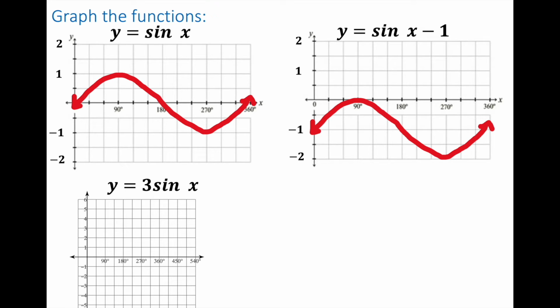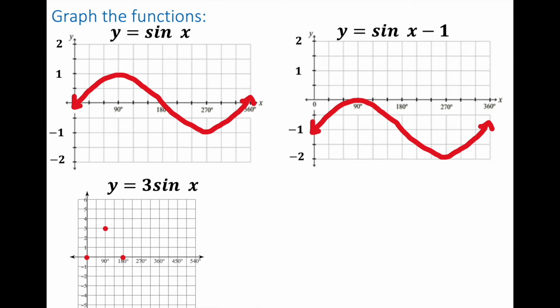Well, what if I did 3 times sine of x? This one's scaled slightly differently, but we know what sine of x is. So all we're going to do is find sine of x and multiply that by 3. At 90 degrees, instead of being at 1, it's now going to be at 3. At 180 degrees, it was at 0, so 0 times 3 is 0 again.